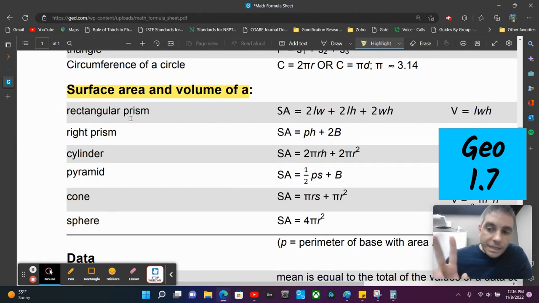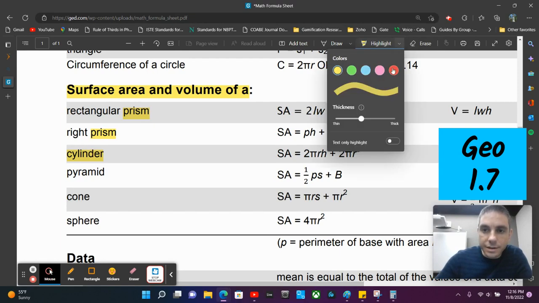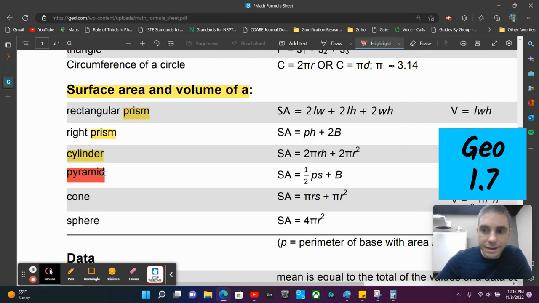There are two basic types of three-dimensional objects. One of them is a prism. They're actually including the word prism in a few of these, but I'm going to highlight all the prism types. The other type of three-dimensional object is a pyramid, which they have listed as pyramid and also as cone.